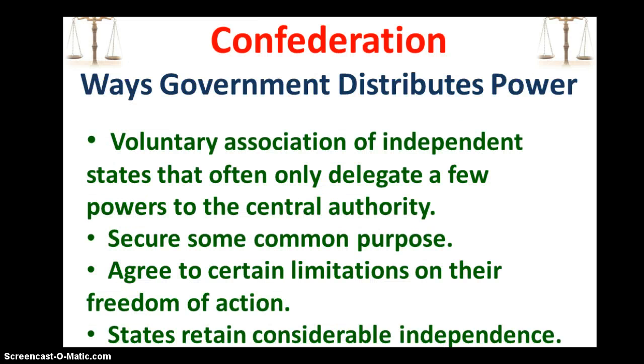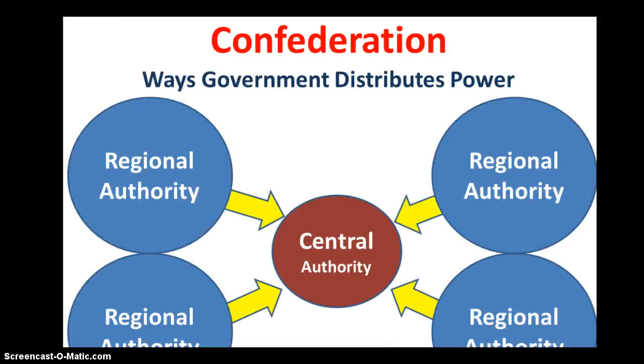And then last on distributing power is confederation. And here we have where the regions are the ones that govern themselves. The central authority doesn't have the power as in a unitary government. The graphic organizer here shows the regions, where if there is a central authority, the regions are telling the central authority what's going to happen in the regions.